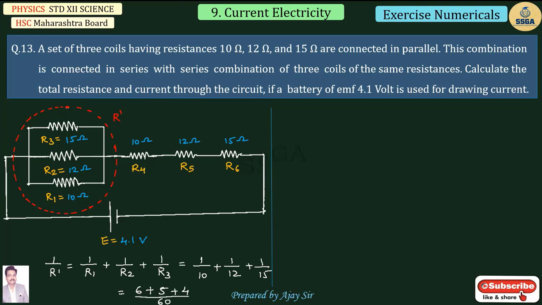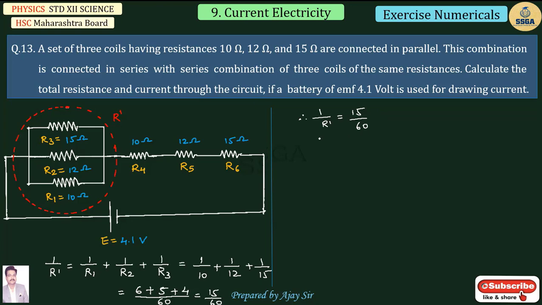So the sum is 6 plus 5, 11, plus 4, that is 15, so 15 divided by 60. Therefore 1 upon R dash is equal to 15 divided by 60. 15 fours are 60.